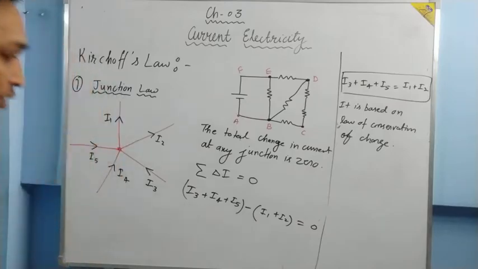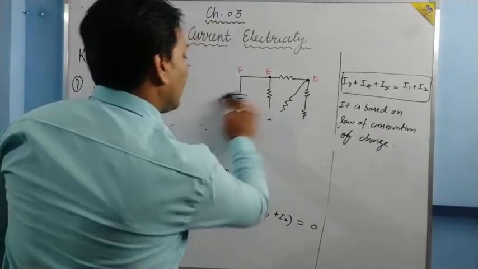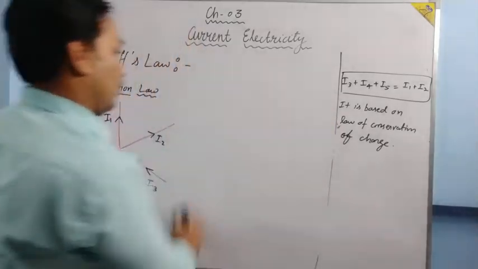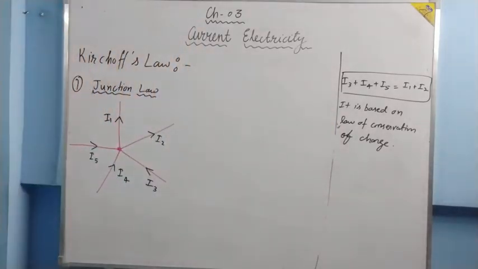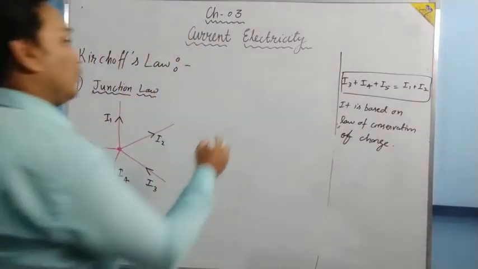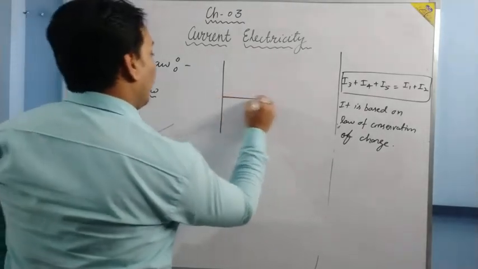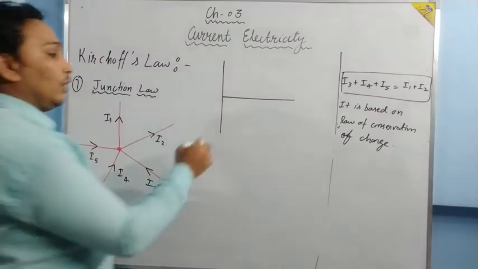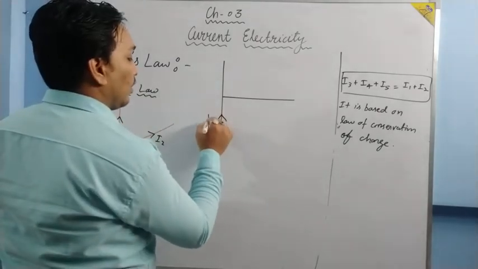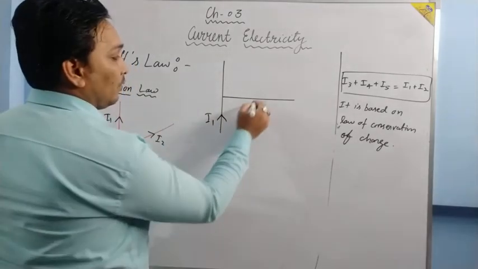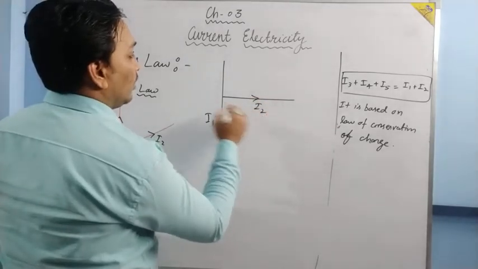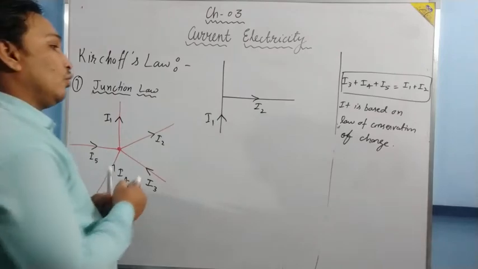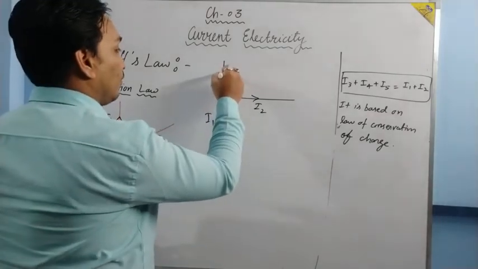Okay, how this junction law is applied, let us see that also. Suppose we have been given a junction. What we have been told is that a current I1 is coming from here, I2 is going from here, then what amount of current will go from this point?